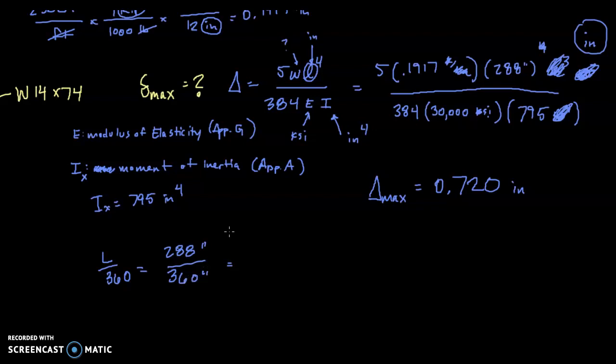So if I calculate that, 288 divided by 360 is 0.8. That's the allowable deflection. The maximum deflection that our beam is going to experience is 0.72, which is less than 0.8. So this is okay. It is acceptable.